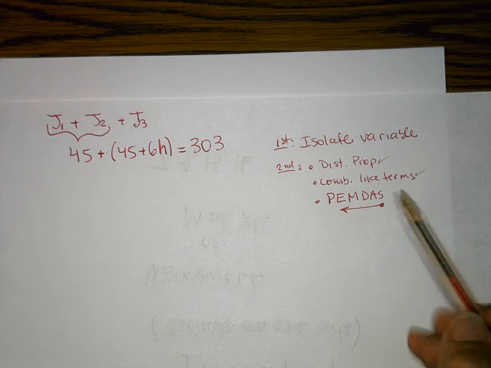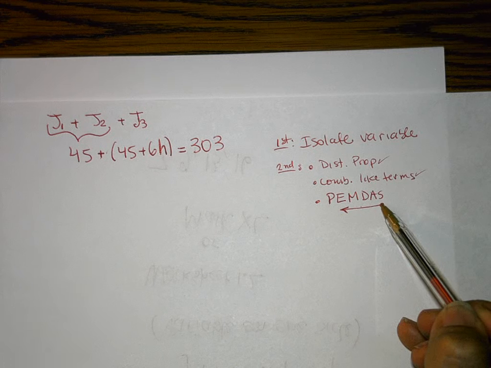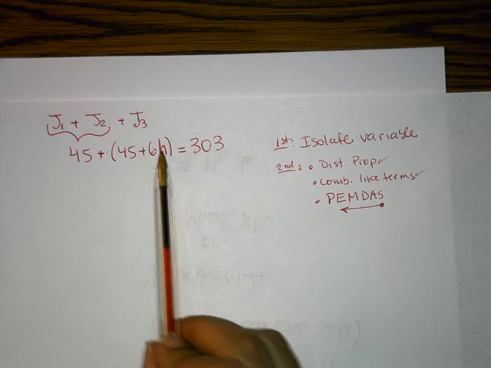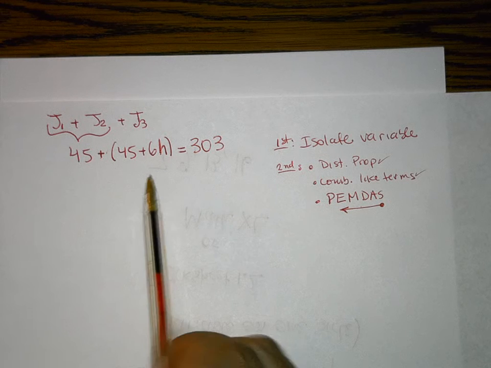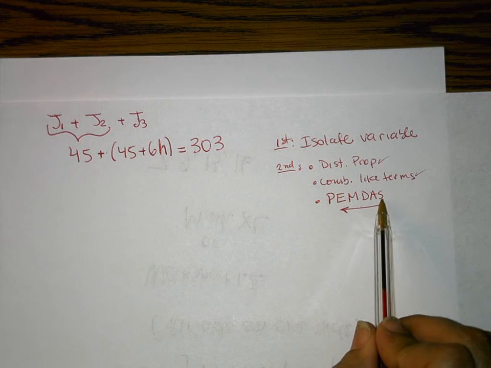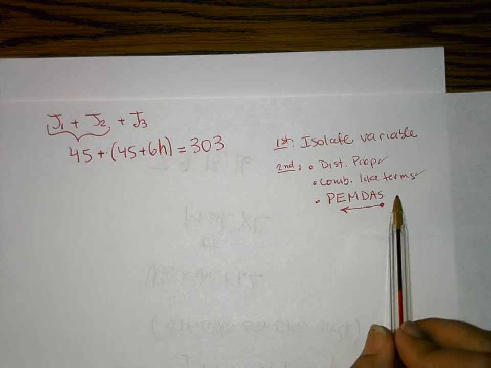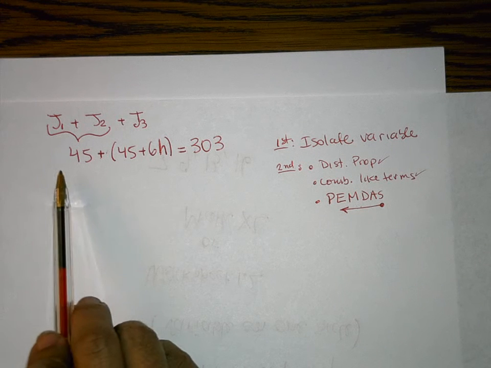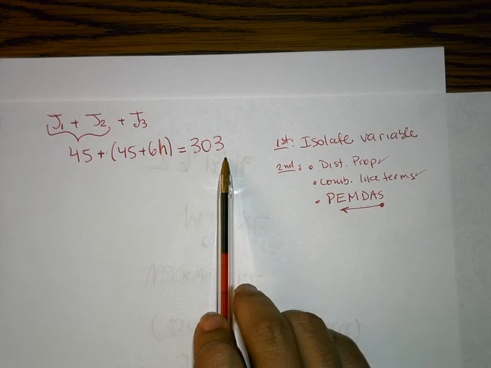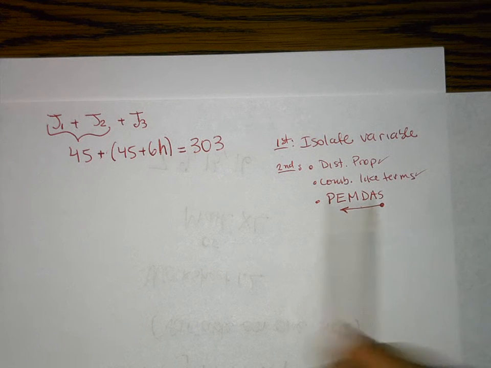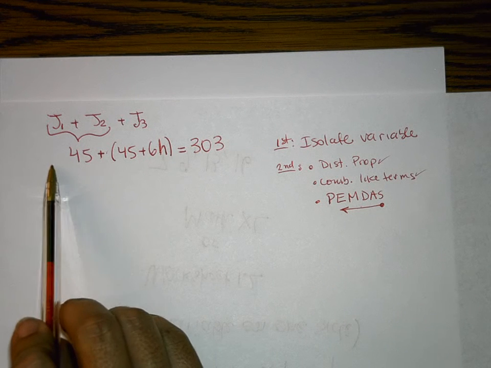Because of that, we need to start from the back and undo all the operations so we can find out what this variable is. So I'm going to start with subtraction or addition, whatever comes first. We read mathematical expressions from left to right, so whatever comes first, I'll take care of it, either subtraction or addition. So I'm starting from here.